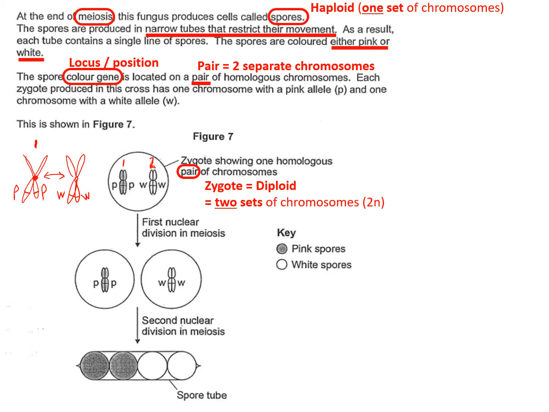Now we know during the first nuclear division, that means meiosis 1, that the homologous chromosomes separate to opposite poles of the cell, and we then get cytokinesis.